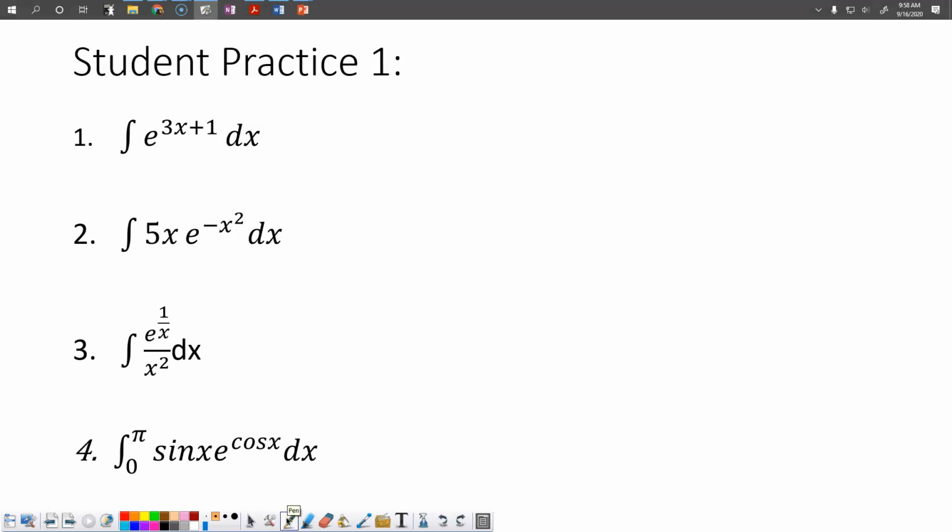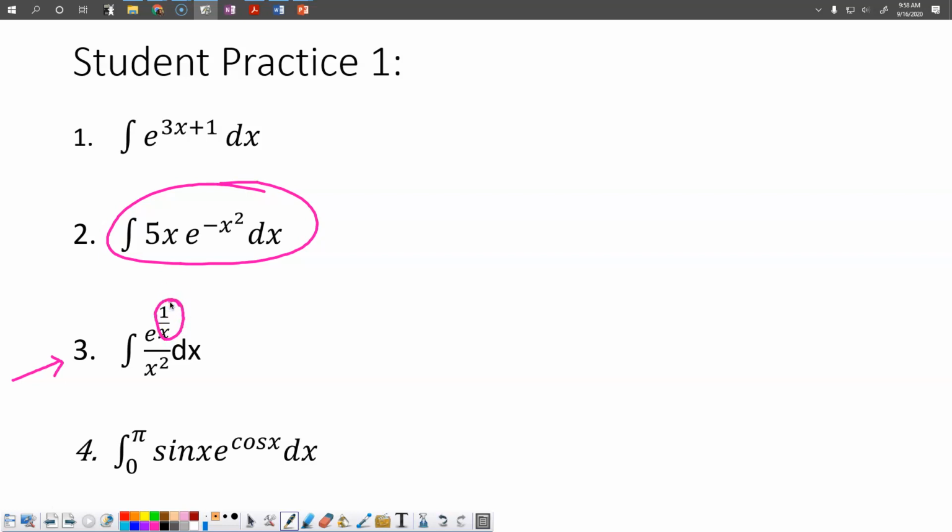Now number 2, you guys are ready for that. In this case, I'm going to let you see if you can figure out what the u is. It's one of the 2 options I gave you before. Now number 3 is tricky though. Number 3 is weird, really weird looking. So for this one, I'm going to tell you what the u is. It is this.